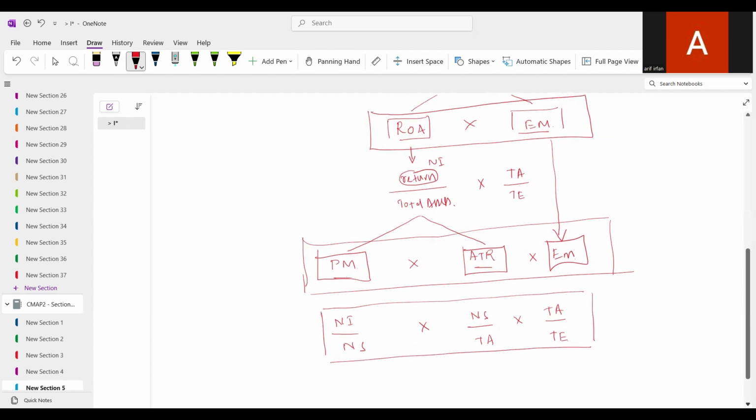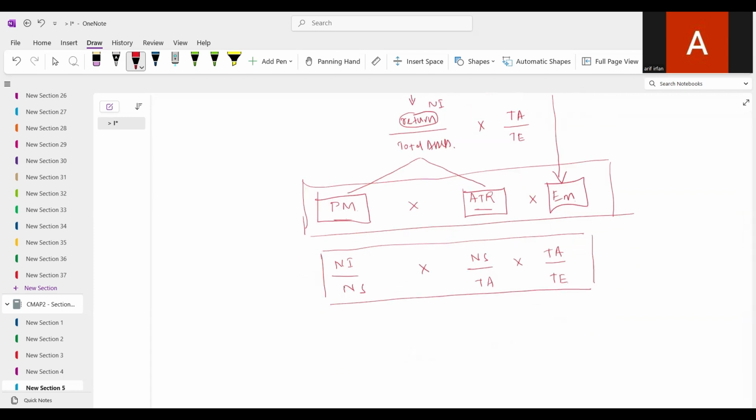One important thing that I would like to tell you: when we are focusing on income statement items and balance sheet items, or position statement items, there is one concern.